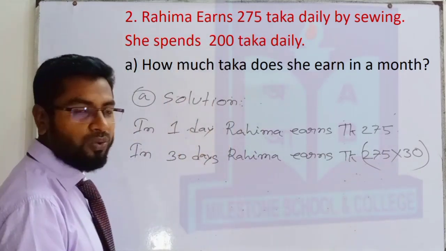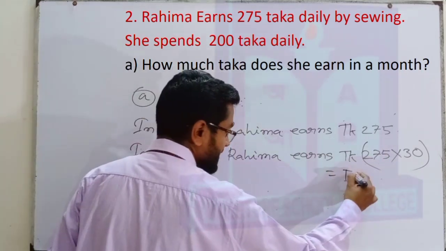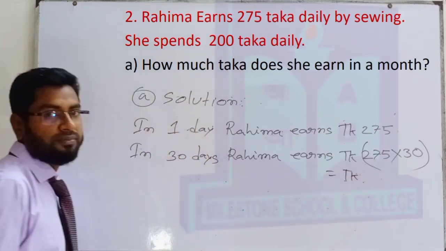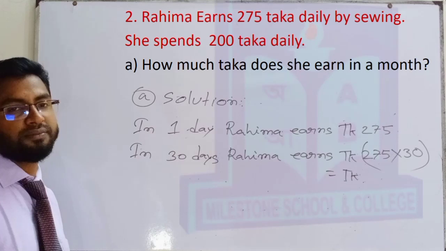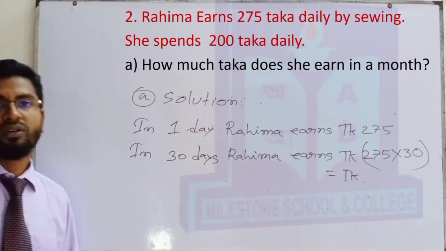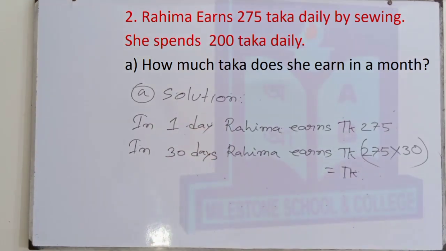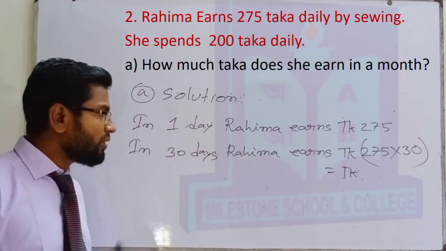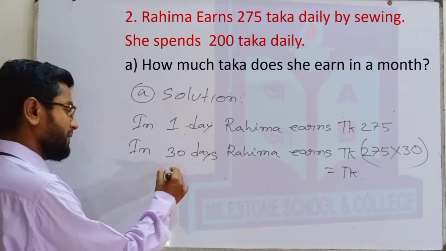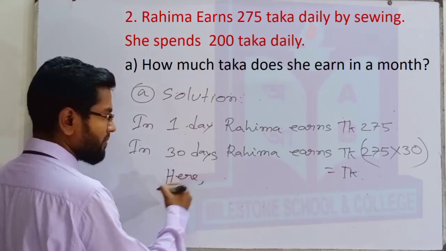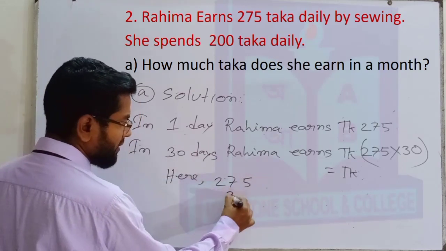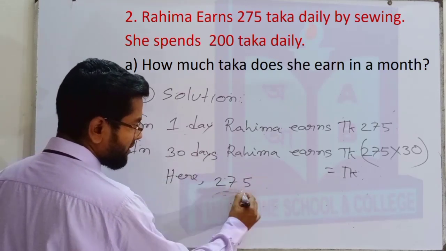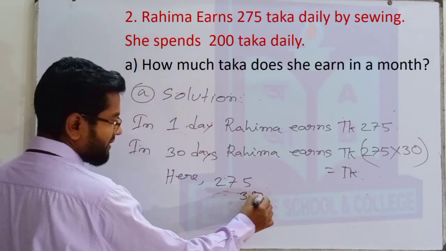Now we will multiply by writing here. What will we multiply this one by? 30. Multiply it.